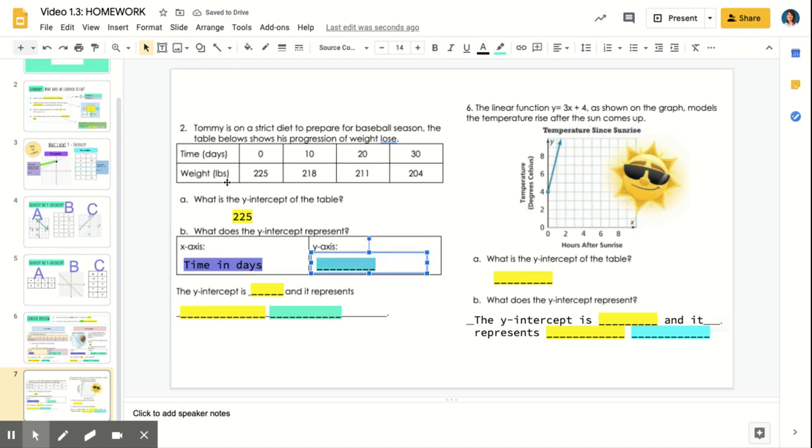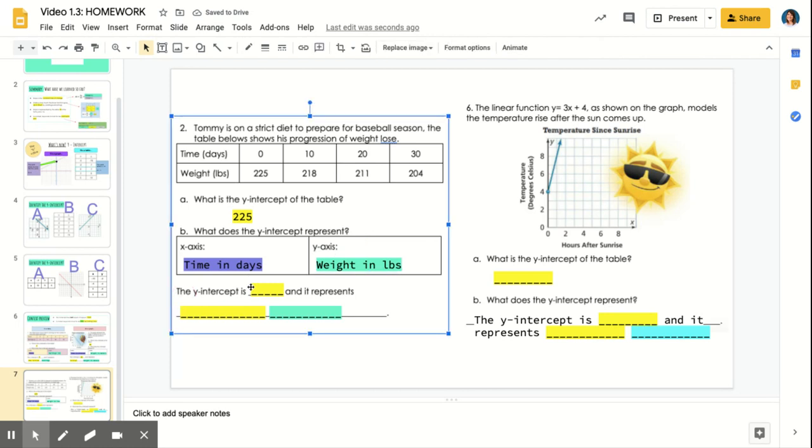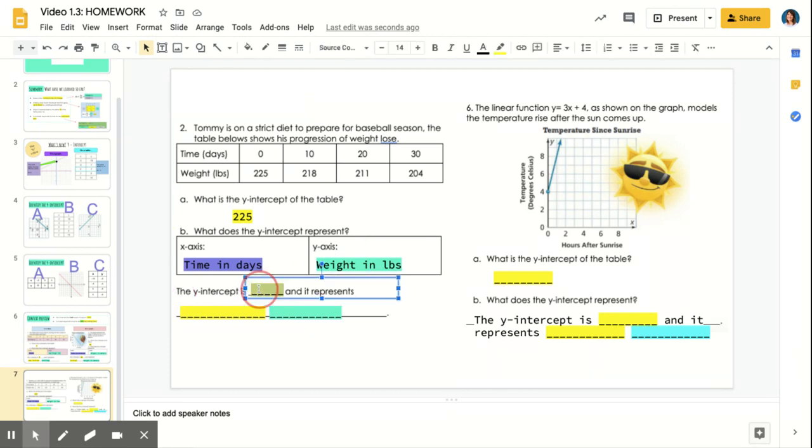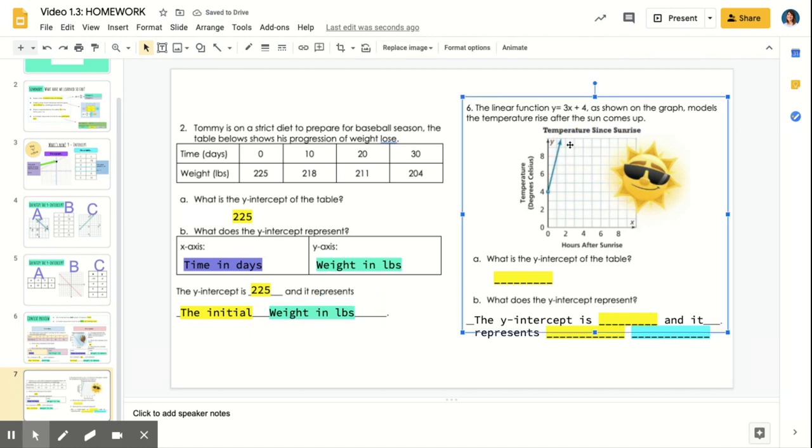And our y-axis is weight in lbs, just means pounds. Let's put it all together. The y-intercept is blank, and it represents blank blank. That's right, it's 225, and it represents the initial weight in pounds.